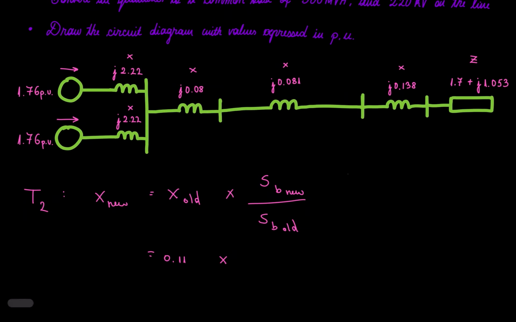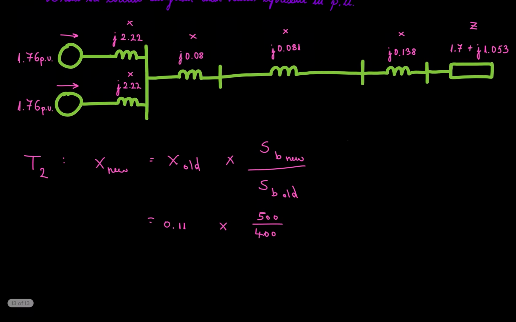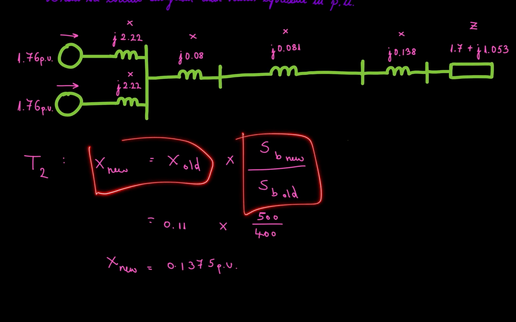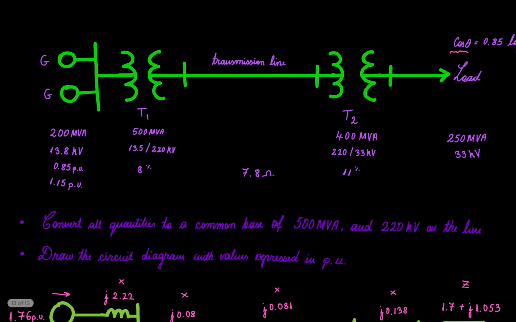So 500 over 400 and we get 0.1375 per unit. So basically this, 0.138. Basically just the ratio between the reactances and the bases, because we're looking at transformers.